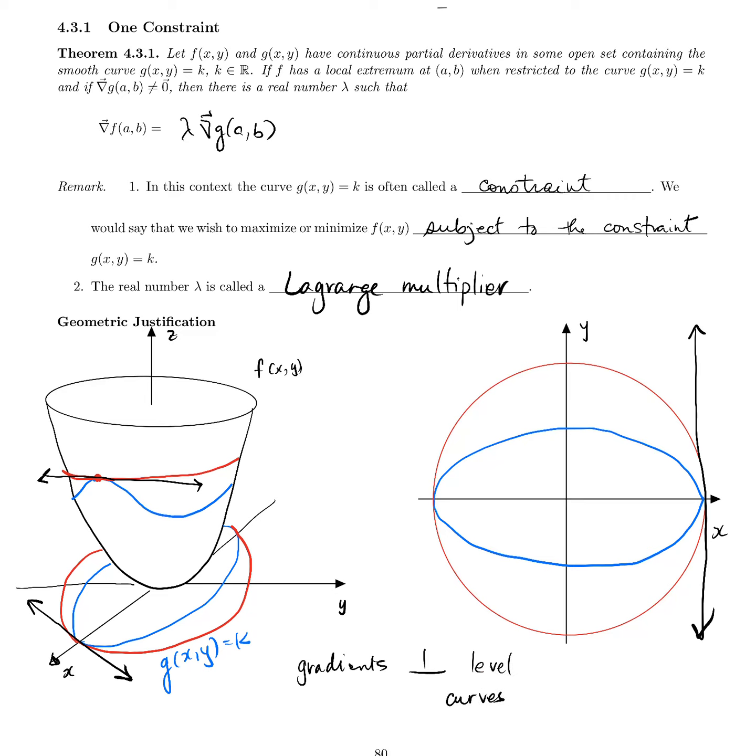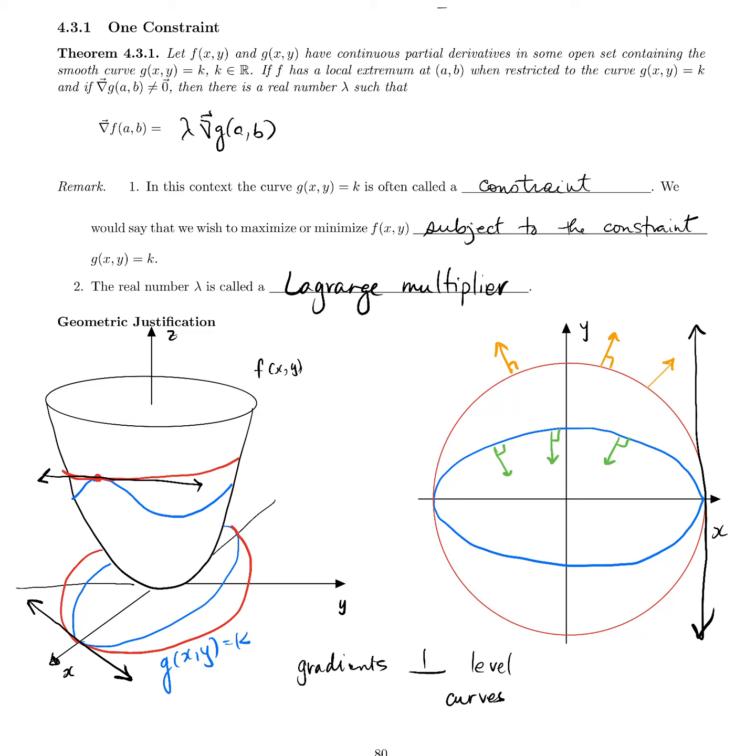So that means at any point on the level curve of g, where I draw the gradient, it would be perpendicular to the curve g(x,y) = k. Similarly, if I drew the gradient of f, it would be perpendicular to its level curve.